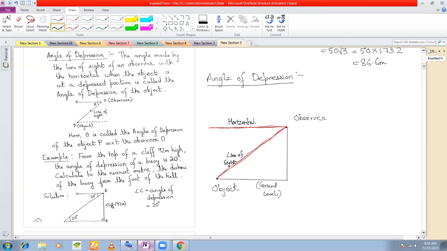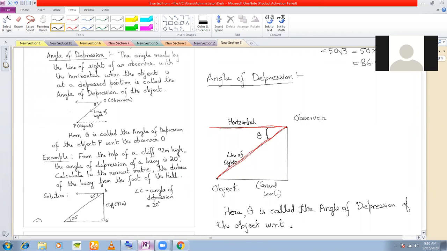This angle theta is called the angle of depression of the object P, or simply the object, with respect to the observer.